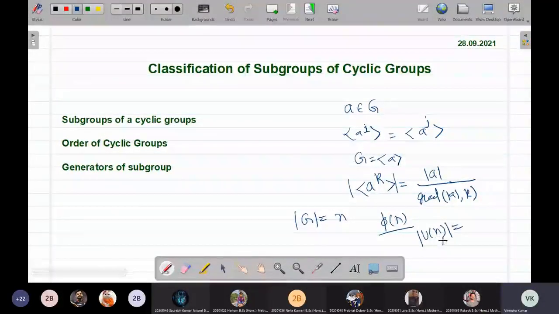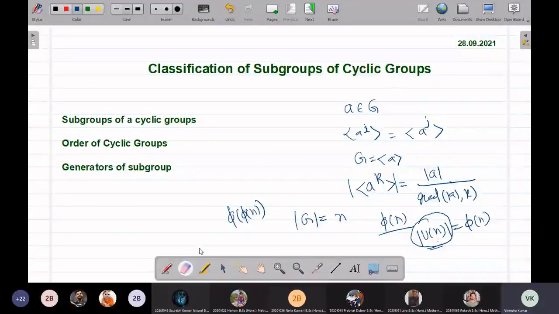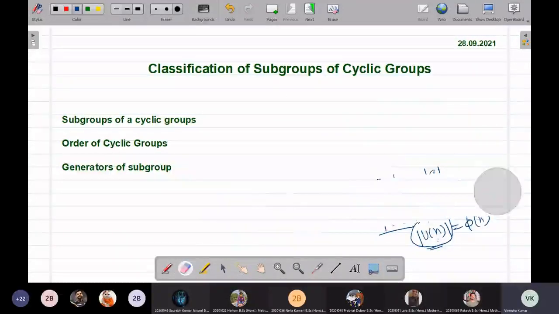So if this is cyclic for some particular n, then the number of generators would be phi of n. Of course, not for all n is this cyclic, but for some fixed choice of n, this gives us a cyclic group.